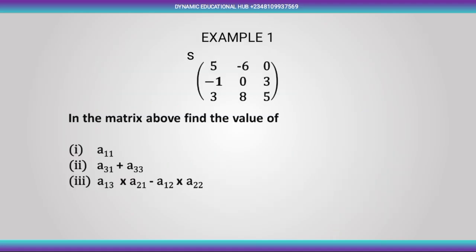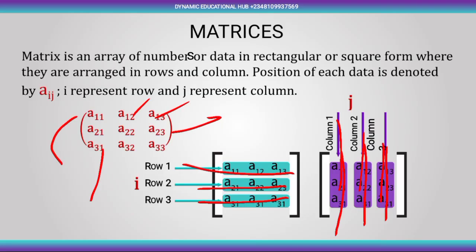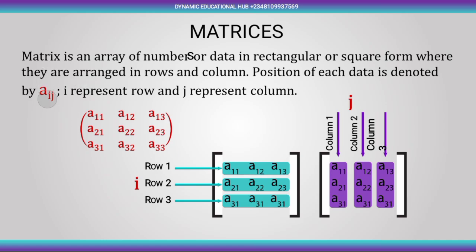Now let's have our example. Before we solve this, I need to explain another thing. Looking at our matrices, we can know the position of the elements of our matrix. For instance, if we have the 3 by 3 square matrix above, any element that occupies this position is in the first row and first column.